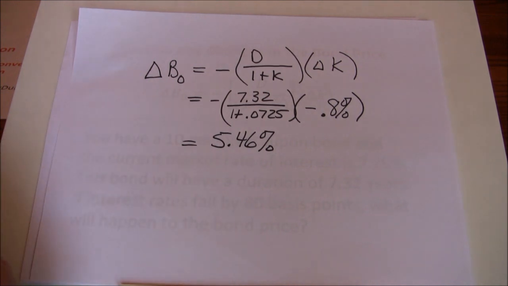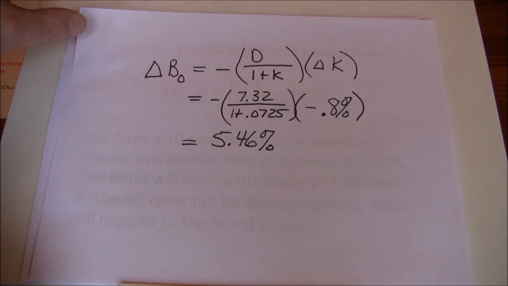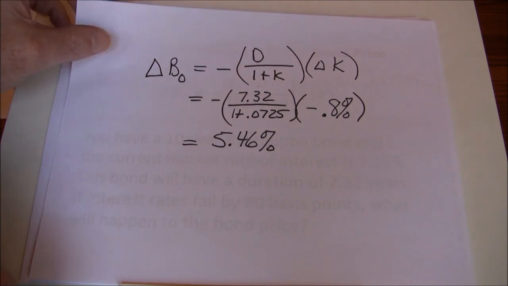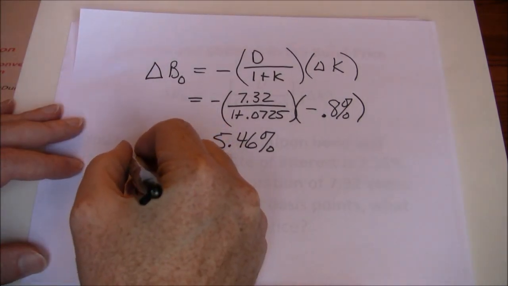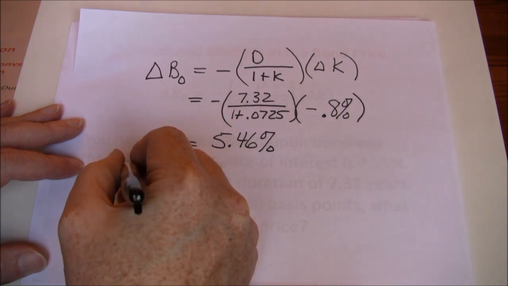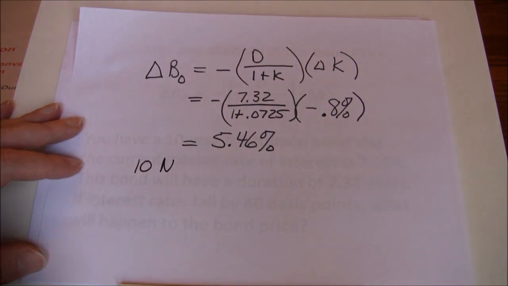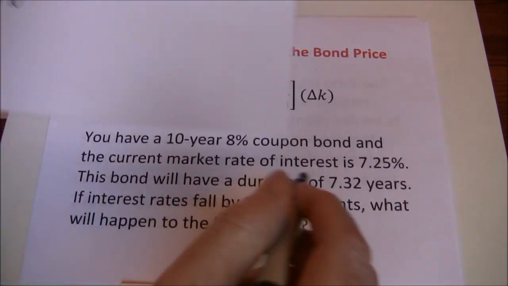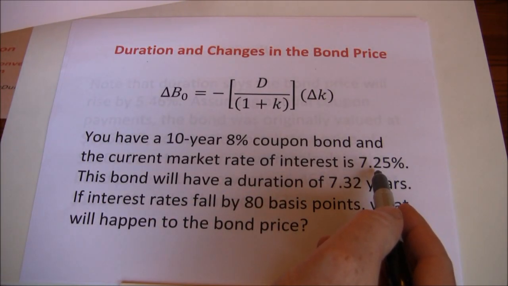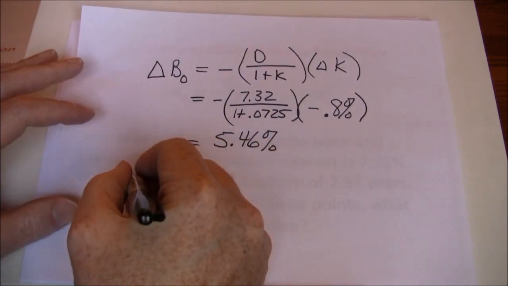Now, one thing to keep in mind is that's the change in the bond price in percentage terms. If we want to figure out what the bond is going to be worth, we have to first of all know what the starting value is so we can multiply by 1 plus the change in the bond price. So real quick, if you want to do that, assume annual interest payments. We had 10 years to maturity. We said the market rate of interest was 7.25% as our starting point.